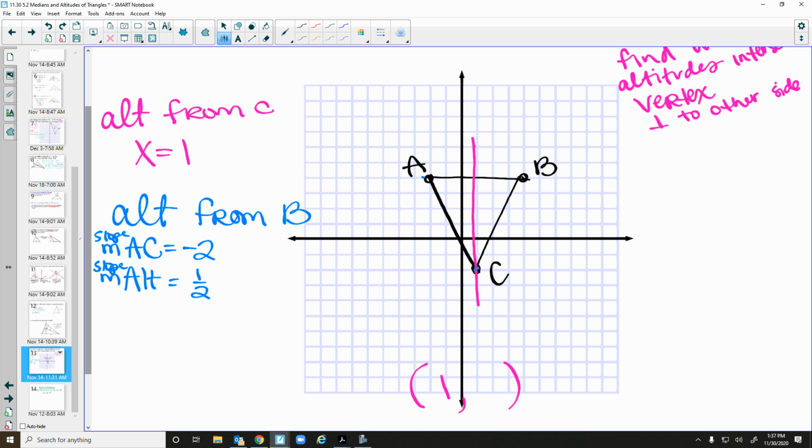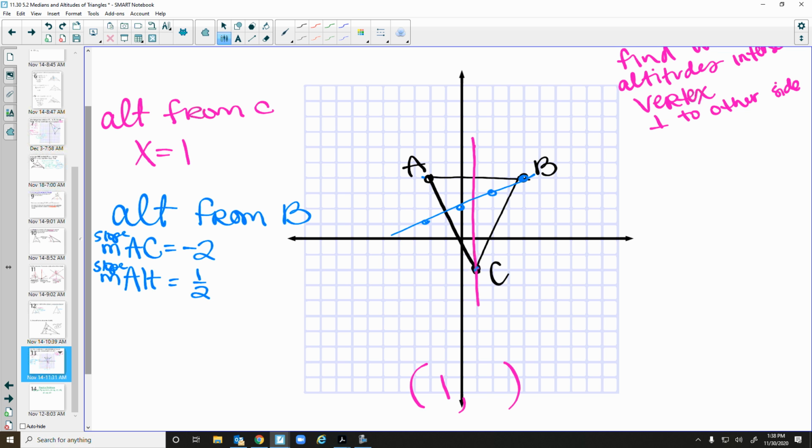Okay, so now this is where we have potentially an easy problem, potentially a hard problem. Easy option, you know it has to go through B, and if your slope is 1/2, does it make a nice y-intercept? So down 1/2, down 1/2, oh wow, it sure did.